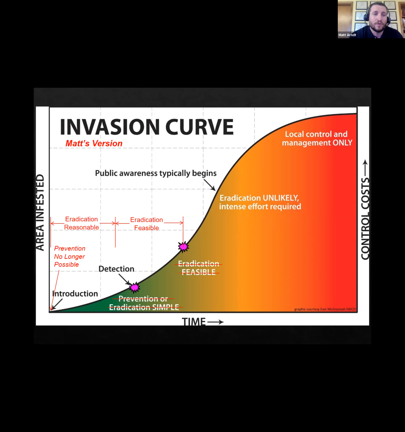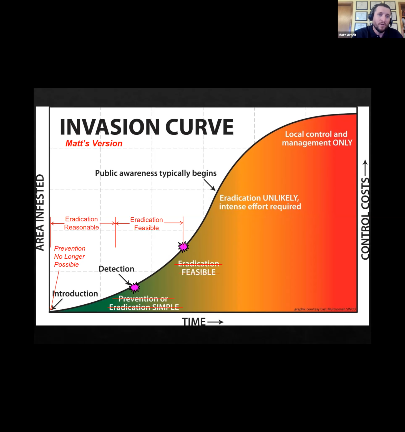In an awful lot of circumstances, I wouldn't say that it's necessarily reasonable to think that we can eradicate a species even by the time that it's first detected, because an awful lot of those first detections are of already established populations, and true eradication efforts may not be reasonable. I would say that they're still feasible, to think that it could be done, but not necessarily reasonable.